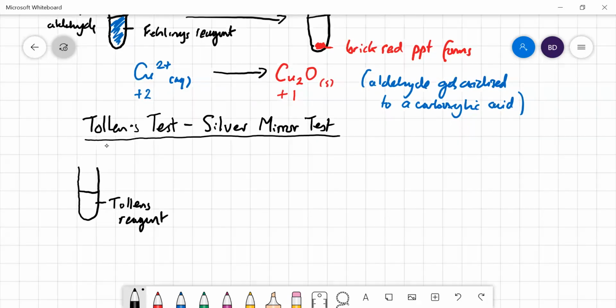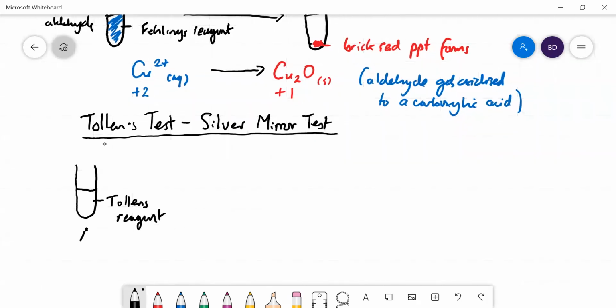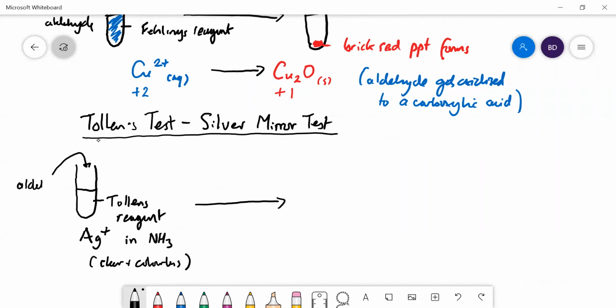What Tollen's reagent is, it's Ag+ ions in ammonia solution. And you heat that up. This is clear and colorless. You add a bit of your suspected aldehyde, and you warm it.